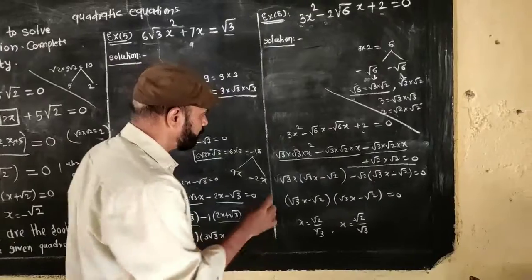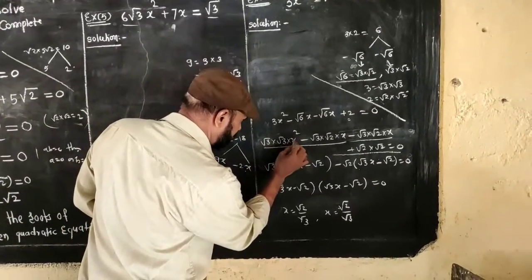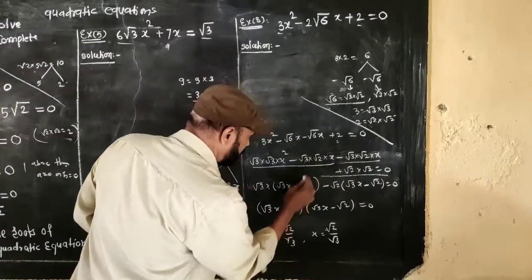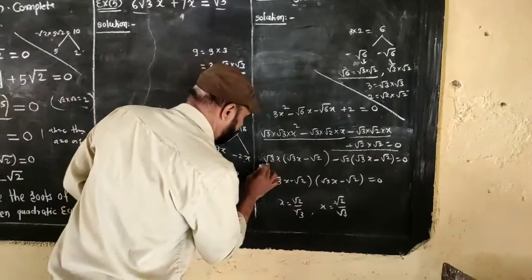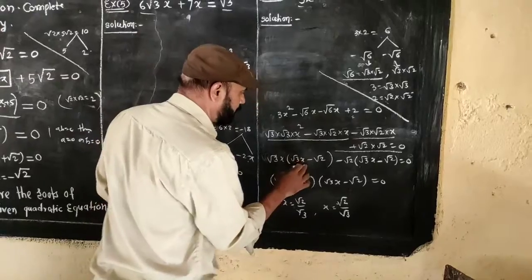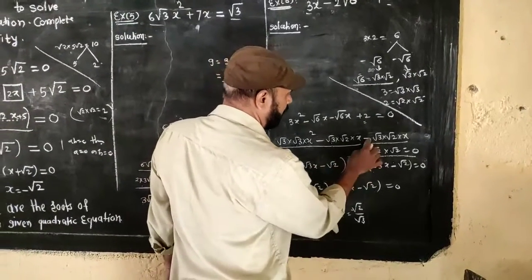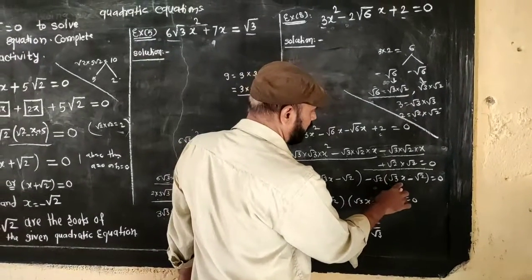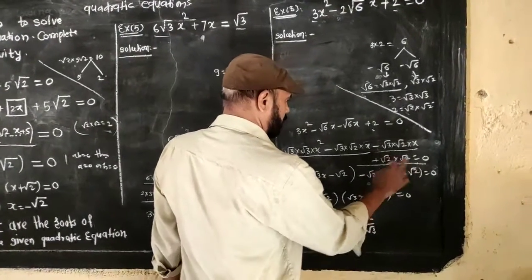So, taking root 3 and x common from this, again root 3 and x common from this step, we write root 3 into x in bracket, root 3 into x minus root 3. Again taking common from these two terms root 2, we got root 3 into x minus root 2.